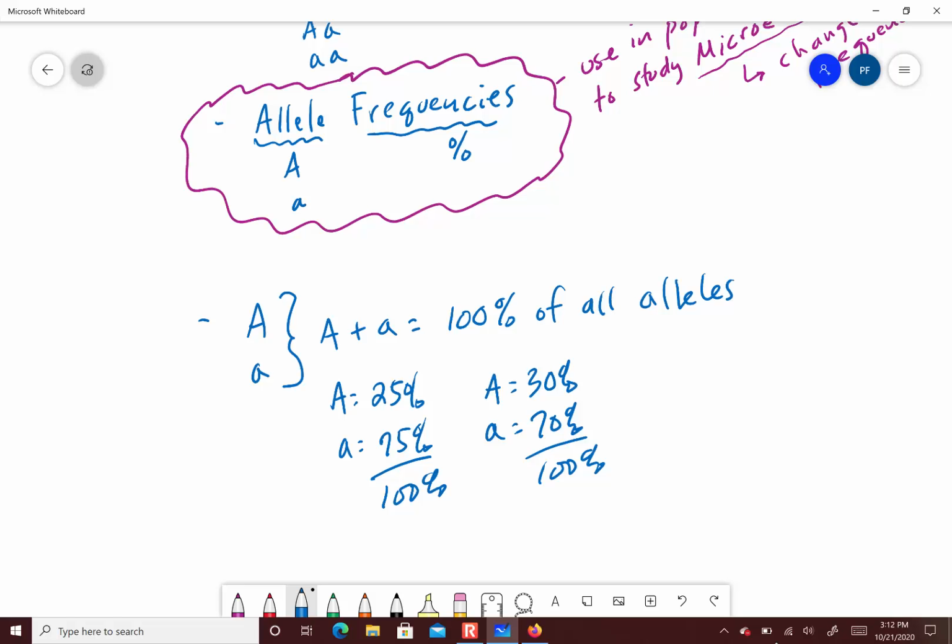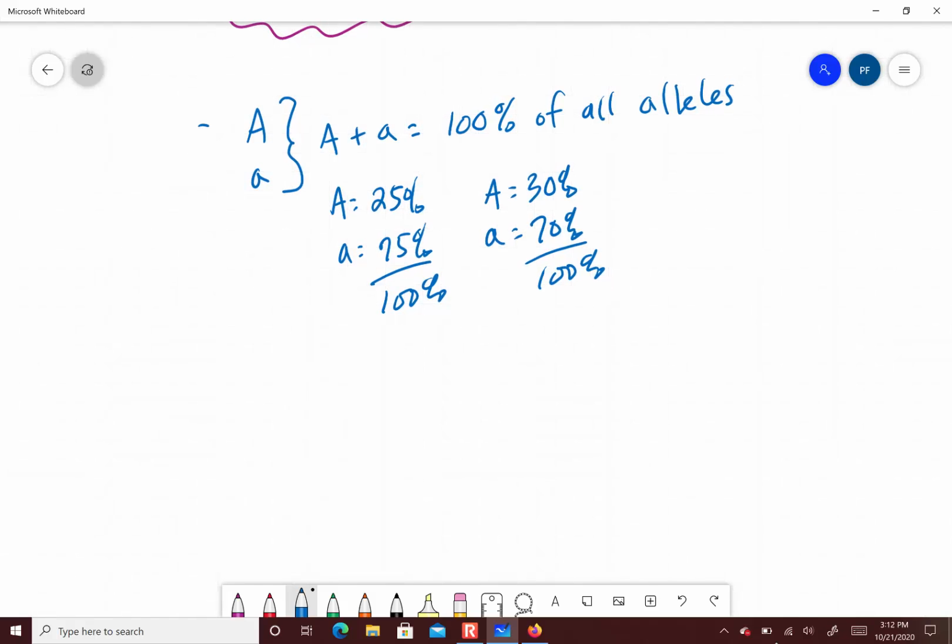And now when we really study population genetics, we typically don't do percentages, we do decimals. So when we really look at this in the field of population genetics, what we say is big A plus little a has to equal 1. So we're saying that it's decimals that add up to 1.